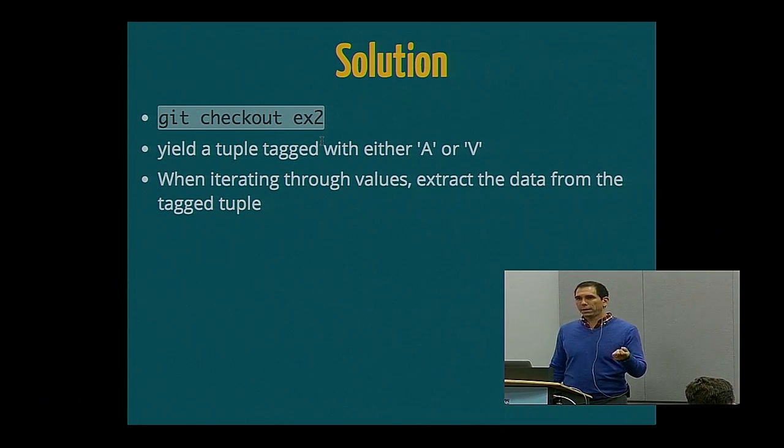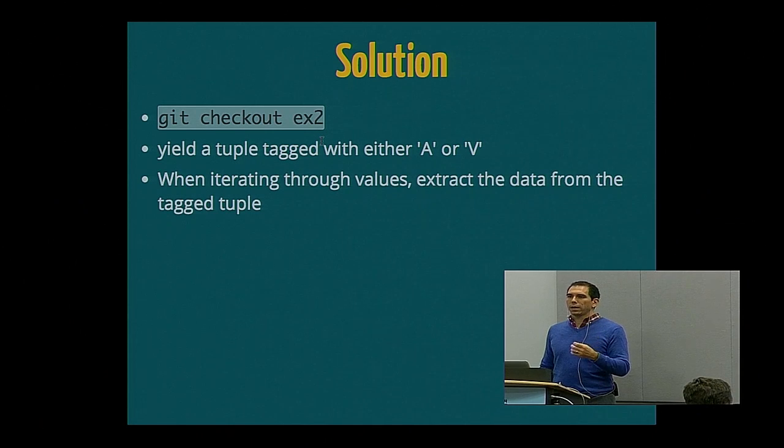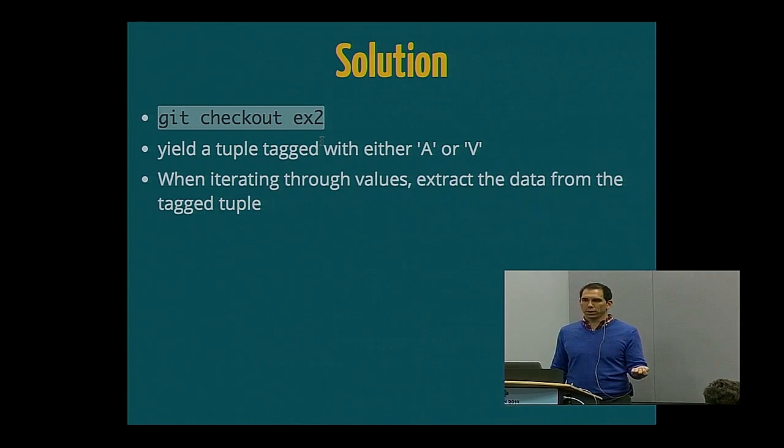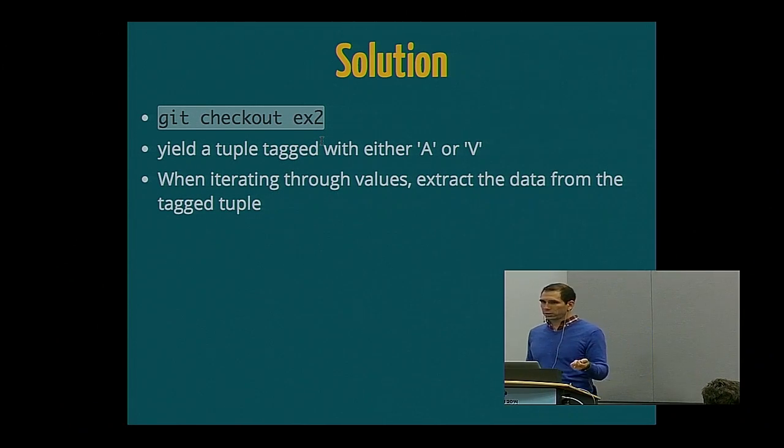I've seen some folks complete this using a dictionary, and some just look at whether the type is an integer or a string. Tagging it like this is a general way that you should be able to use in different values. And then when iterating through the values, we extract the data from that tag tuple.